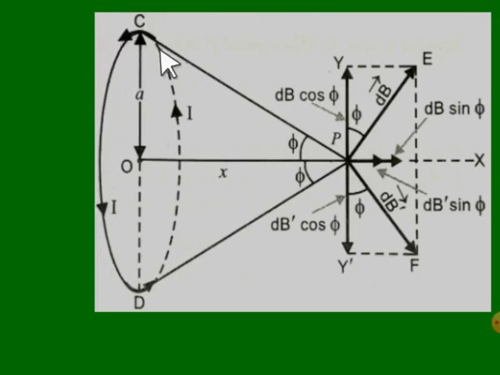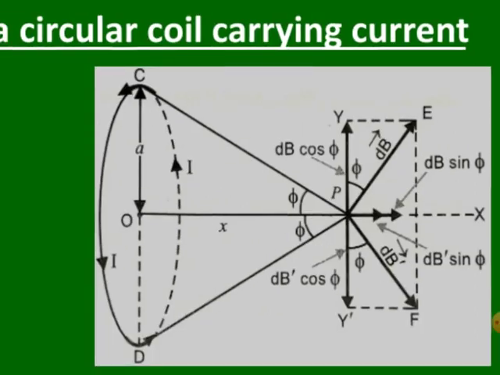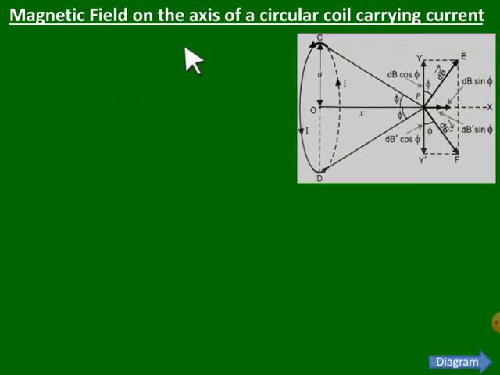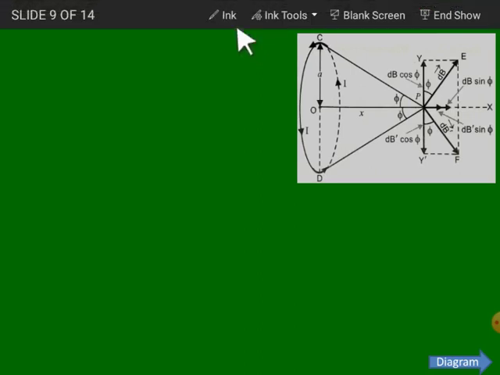The angle between these two will always be 90 degrees. So let me draw it, 90 degrees, so that you will not get confused in the subsequent parts. So the angle between I dl and this r vector will always be 90 degrees. Got it? Let me mark it here.